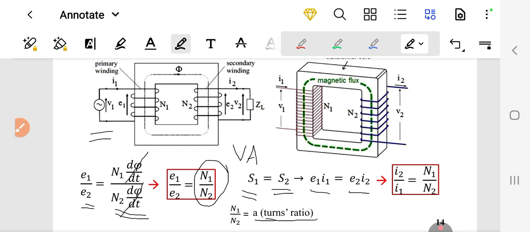Therefore, the ratio of the current I2 over I1 will be equal to the ratio of N1 over N2 and equal to the ratio of E1 divided by E2. Then the ratio of current is the opposite, or the reciprocal, of the ratio of the voltage. The voltage ratio is E1 divided by E2. For the current, the ratio will be I2 divided by I1 and equal to N1 over N2, or the turns ratio a.